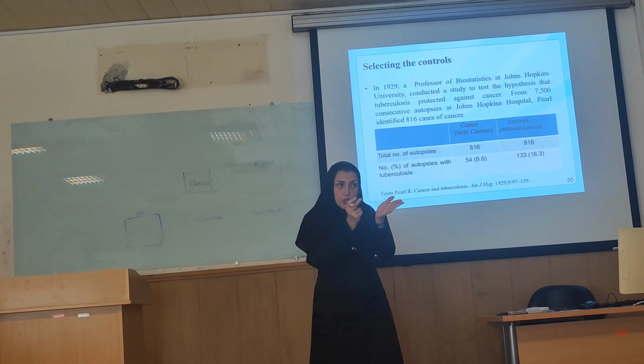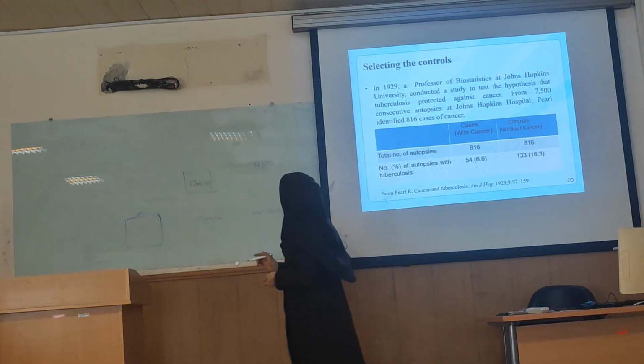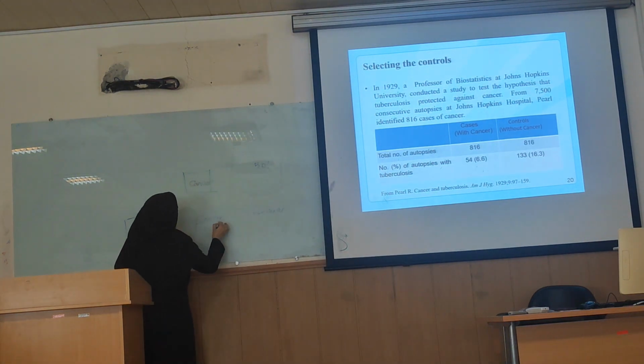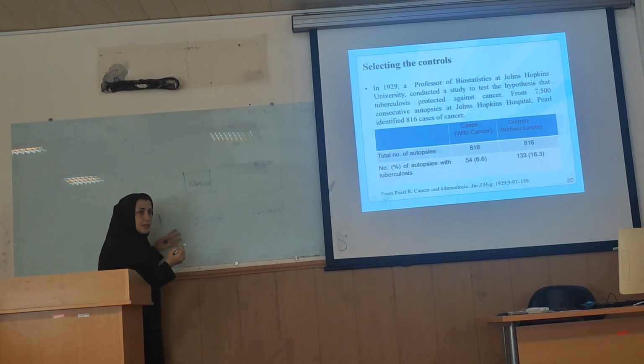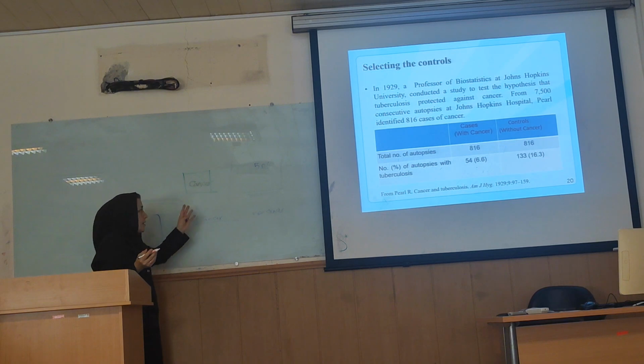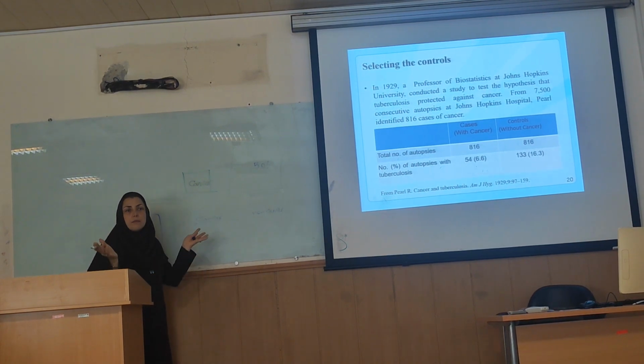There is association between exposure and disease. In this scenario, the percentage of tuberculosis among cancer patients is the same as the community, for example 10%, because their cancer is not related to tuberculosis.